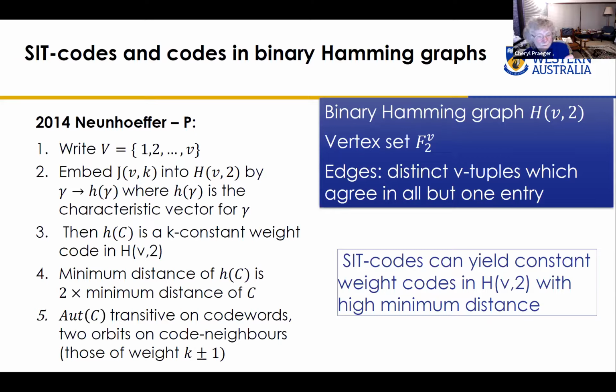But vertices at distance 1 in the Johnson graph get mapped to distance 2 in the Hamming graph. My question is that usually in the graph theoretical sense, when we embed something, we usually go to spectral techniques.